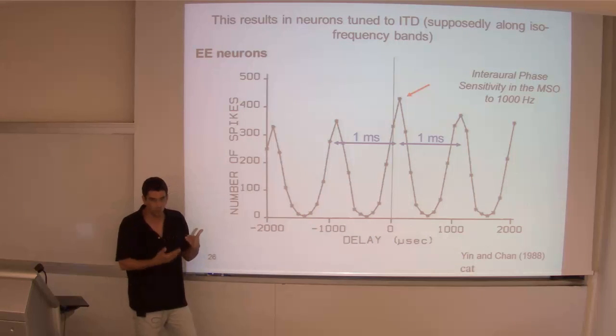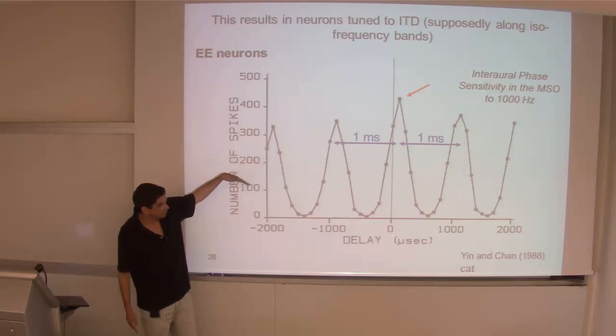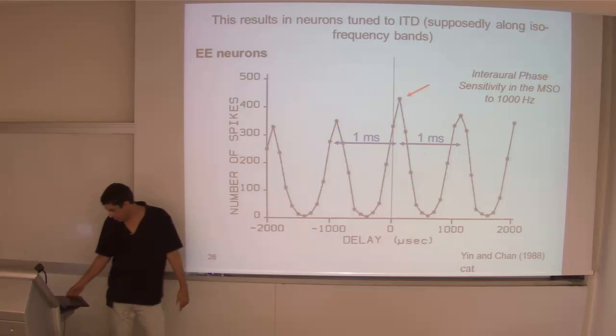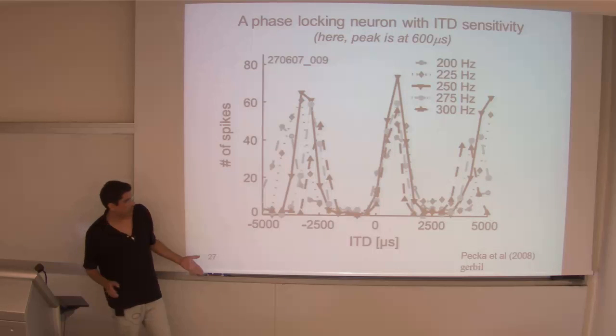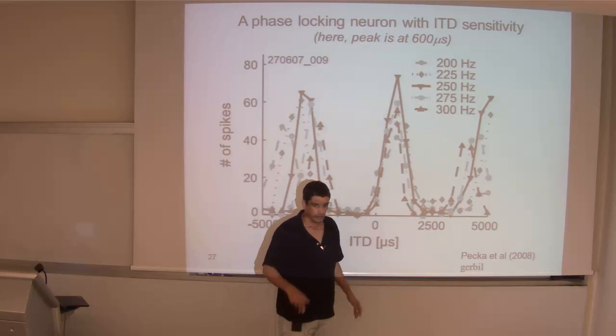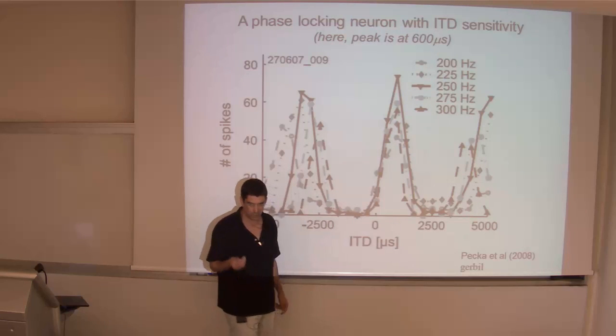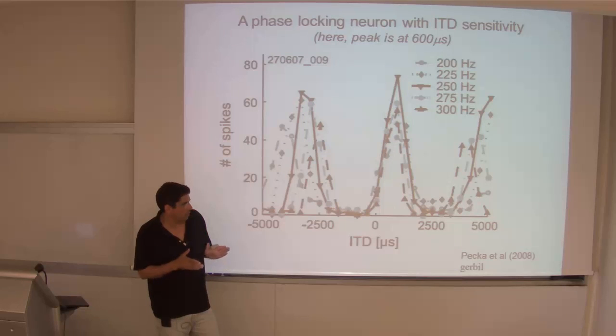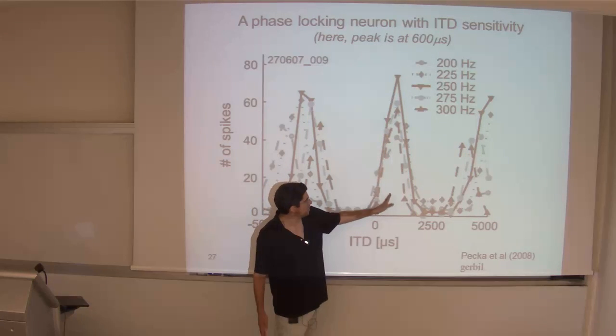So one has to figure out or solve this phase ambiguity. The idea is that given ITDs are here regardless of the frequency tuning of the cells. The cells also have frequency tuning, and each neuron will show, say, the same ITD.